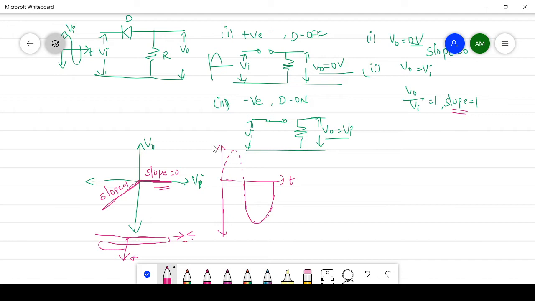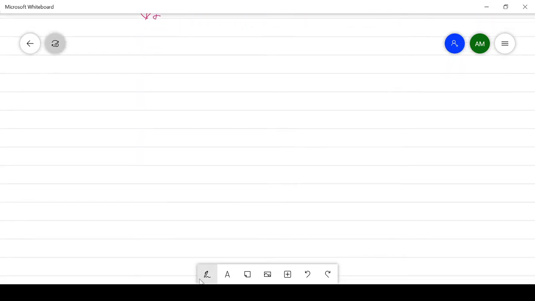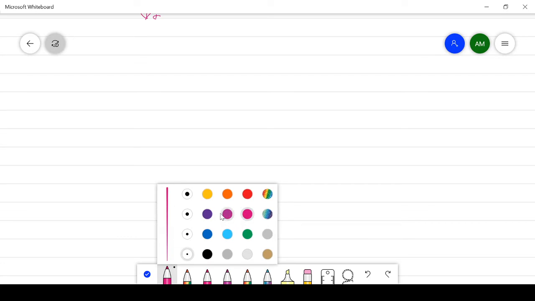This is the output voltage. This is about the series positive clipper. Next, the series negative clipper.